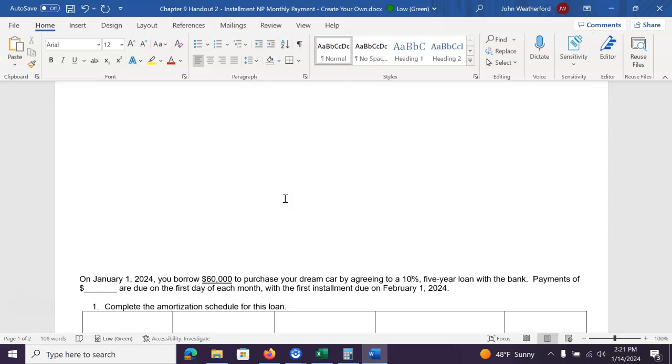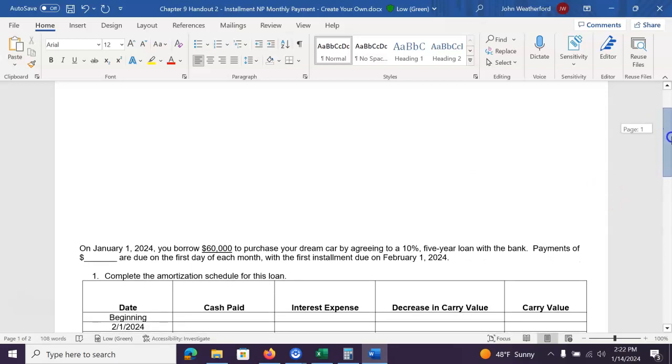So to get the amount of interest due for 1 month here, we would just say 60,000 times 10% or 0.1, that gets us $6,000 of interest for a year, but we're only 1 month in, from January 1 to February 1.